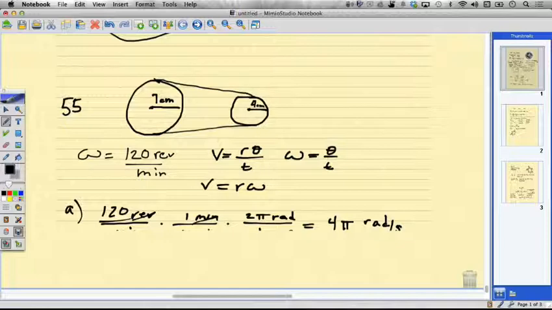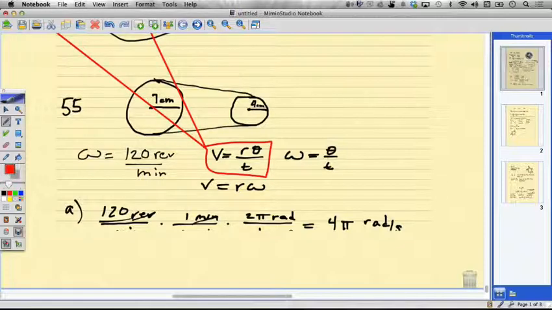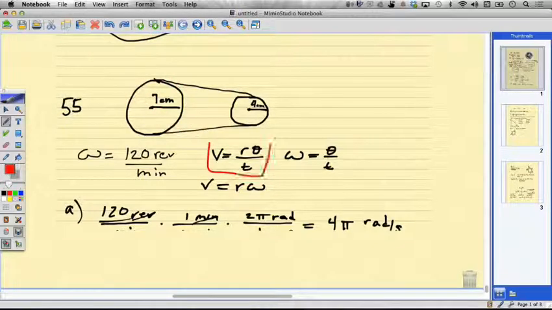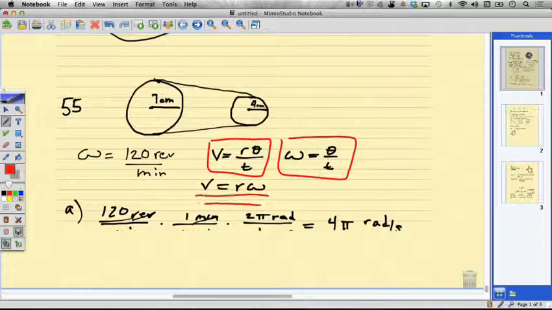Some of the formulas that are really relevant and important for us to note are listed on the board. Omega is angular speed. V is linear velocity. Something that I wrote down earlier was this one.